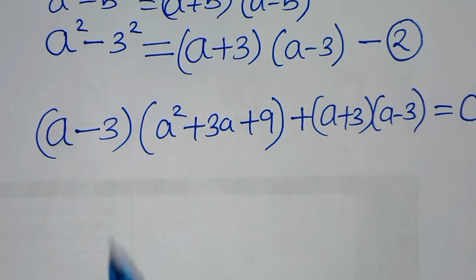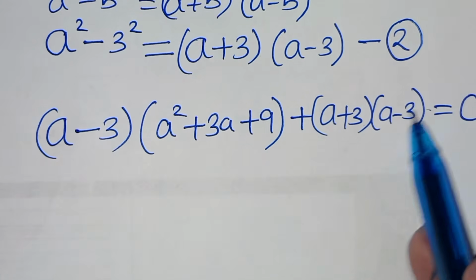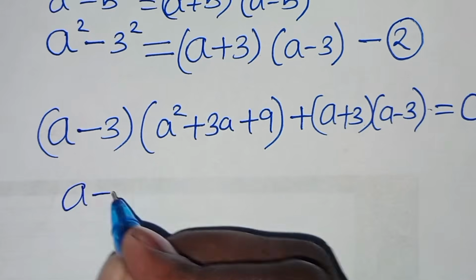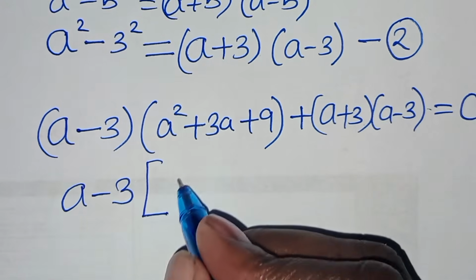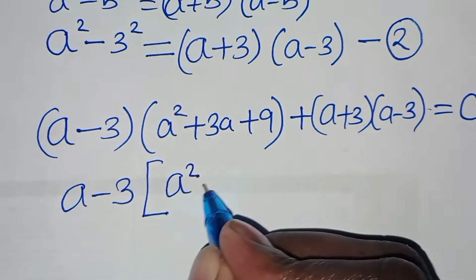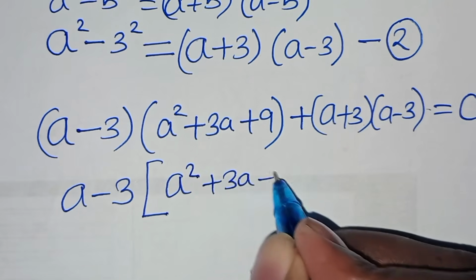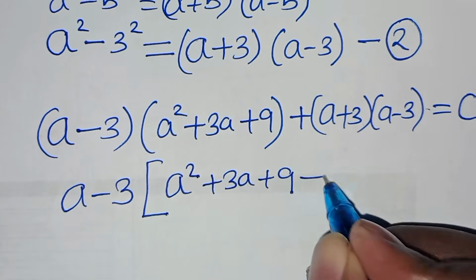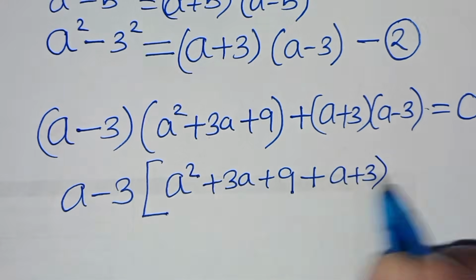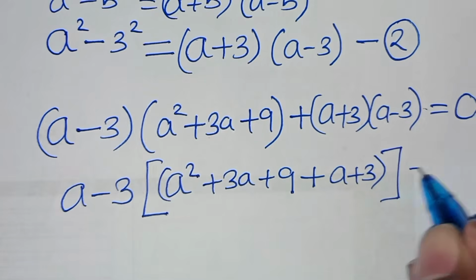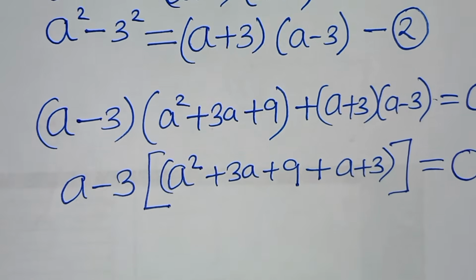This implies that a minus 3 is common here, so we can factor out a minus 3. In the parentheses, we have a squared plus 3a plus 9, then plus a plus 3, and this is equal to 0.